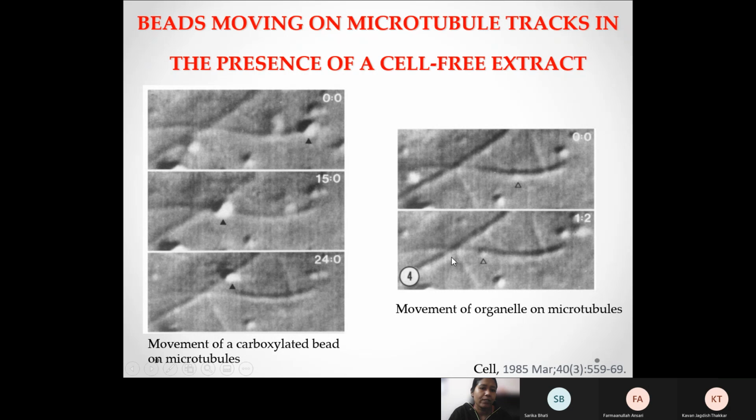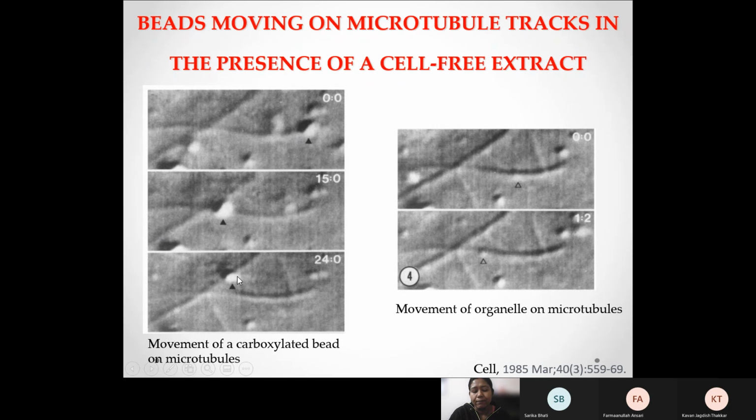For example, if you look here, you would see that this is a bead, and with time, you see the bead has moved. So here is one microtubule, here's another microtubule, and they could clearly make out that the bead was moving on the microtubules, right? And then it was taking a few seconds to move from this microtubule to this microtubule.